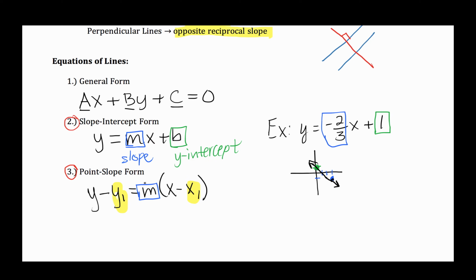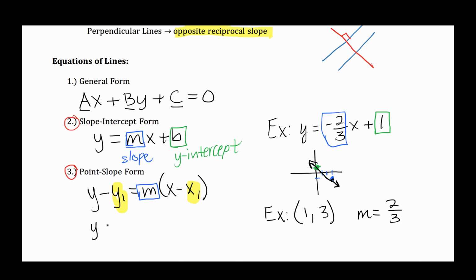So a quick example here, if I wanted to write the equation of a line, and I was given a point, let's say 1, 3, and I was given a slope, let's say 2/3, and I wanted to write the equation that represented the line that had that information.